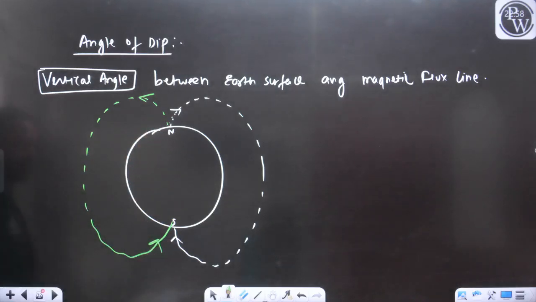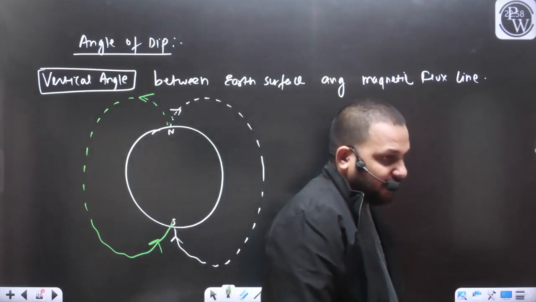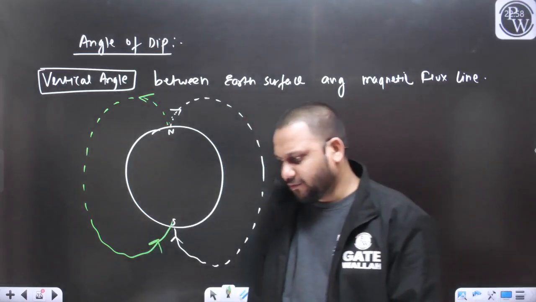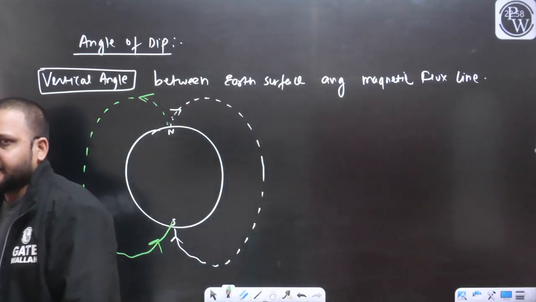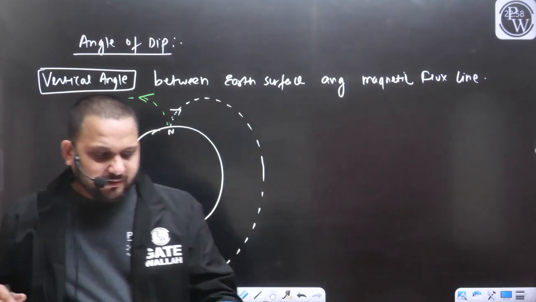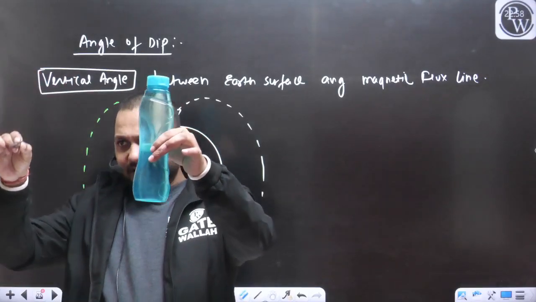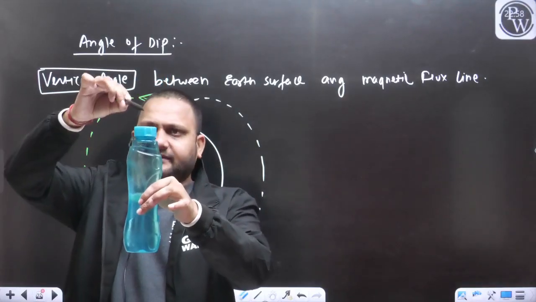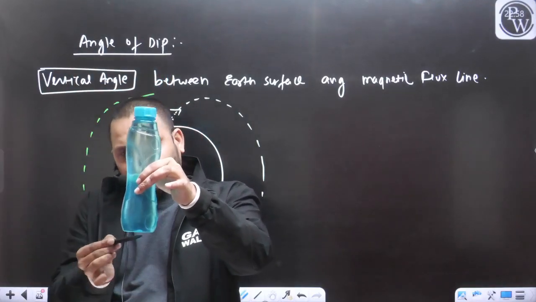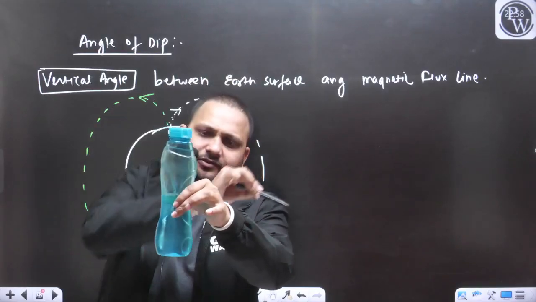Can I visualize the magnetic flux lines originating from the north and terminating toward the south, something like this, from the north to the south pole, yes or no?